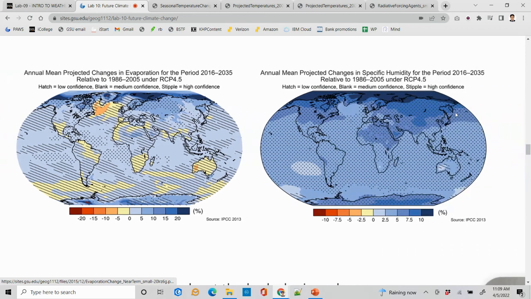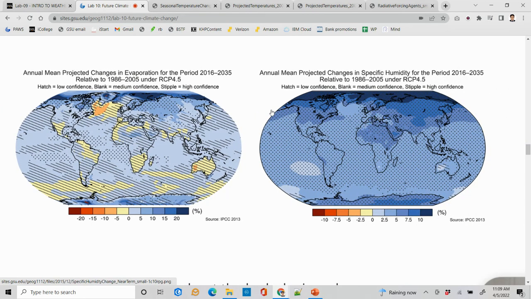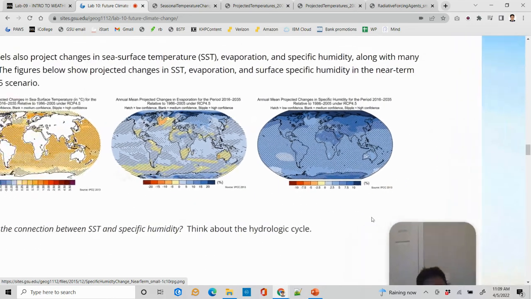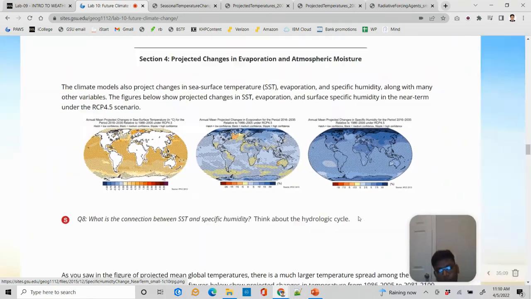And then again in the specific humidity, if evaporation increases, that means the air will be more humid in this region. So you can see the Arctic will be more humid. All of these are based on RCP 4.5. So these are the things you need to know from here.